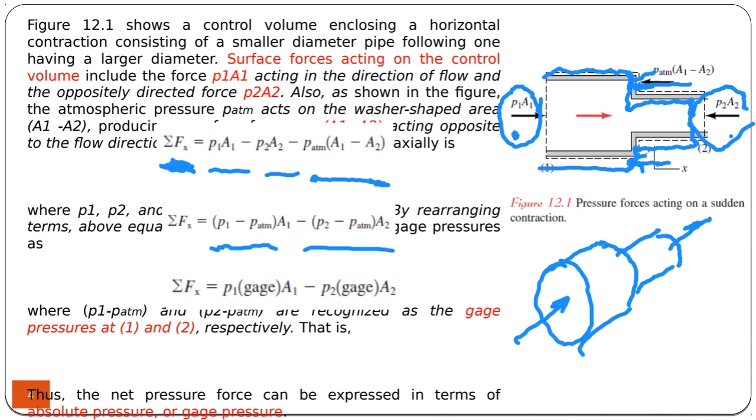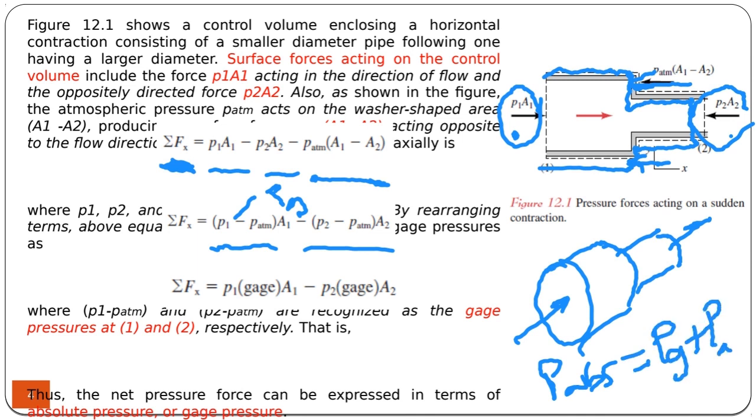And remember that we call this gauge pressure, because absolute pressure is equal to gauge pressure plus atmospheric pressure, from the fluid statics part. So the net force acting on the system is the difference between the two pressure forces acting on the surfaces.